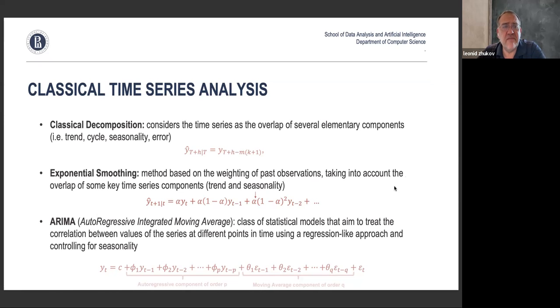But again, these are very classical statistical methods that were used for many years before machine learning became very popular.